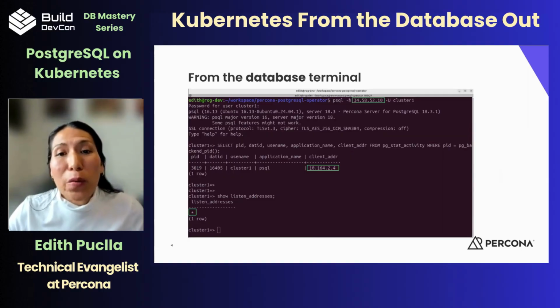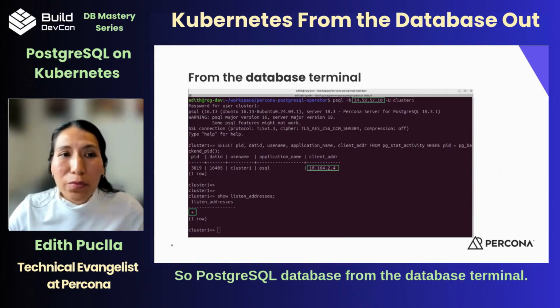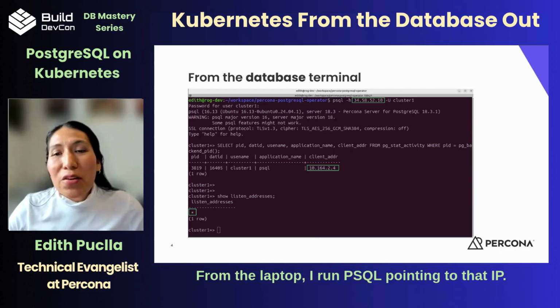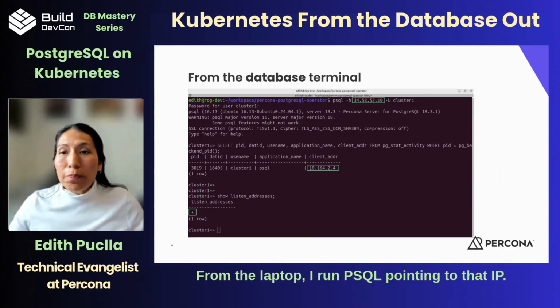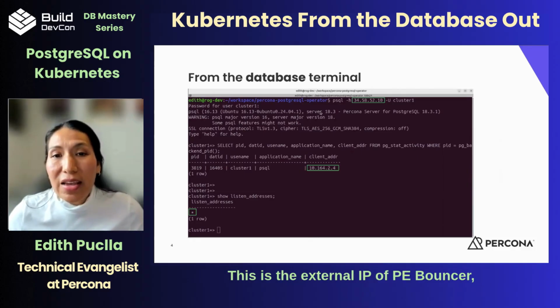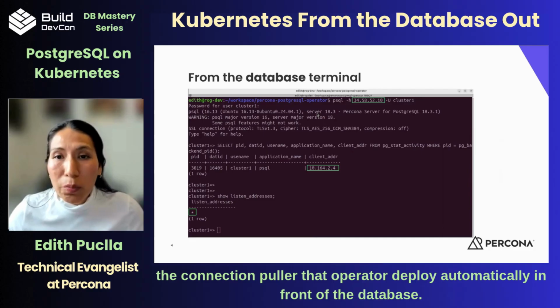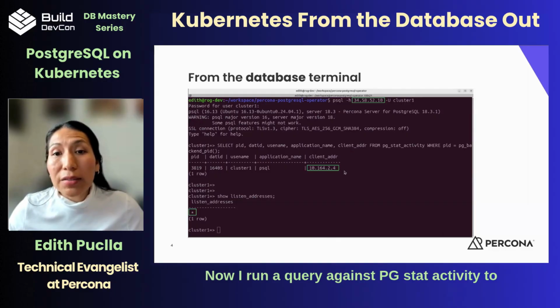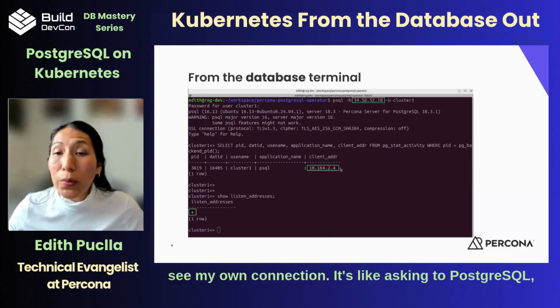Now let's connect to our PostgreSQL database from the database terminal. From the laptop, I run PSQL pointing to that IP. This is the external IP of PgBouncer, the connection pooler that the operator deploys automatically in front of the database. Now I run a query against pg_stat_activity to see my own connection.